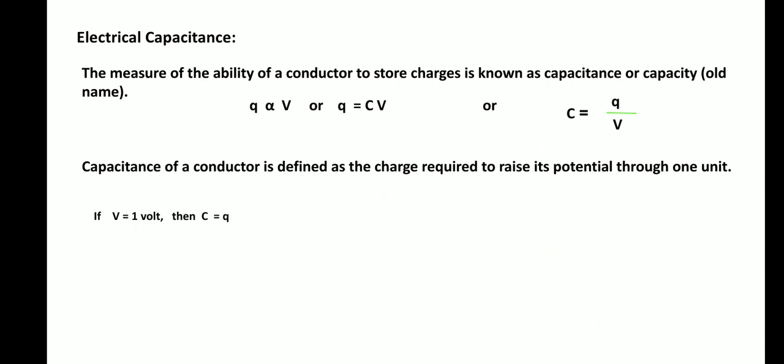Now the capacitance of the conductor is defined as the charge required to raise the potential through 1 unit. So how much charge is required to create the potential difference between the two ends?